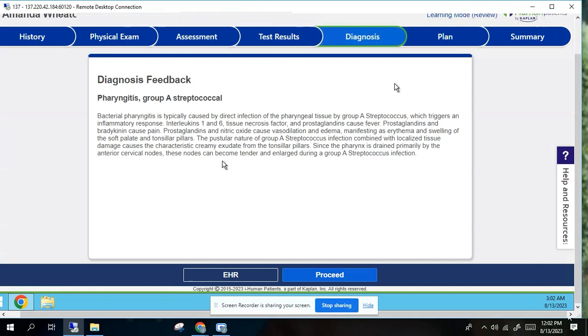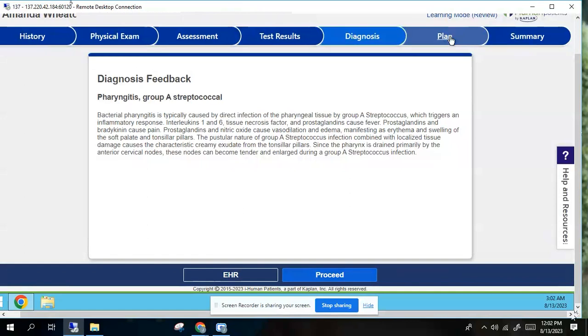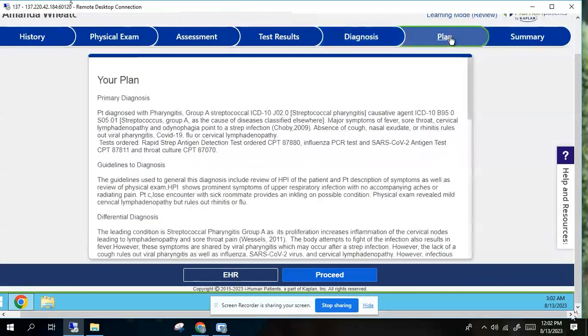Once you have your diagnosis, you create a plan that suits this patient, including the medications and what we may call home remedies, and maybe checkups and return visits. Yeah. And then once you have a plan, you submit it. You write your plan under this section, and then after that is just a summary, and you're done with that case.